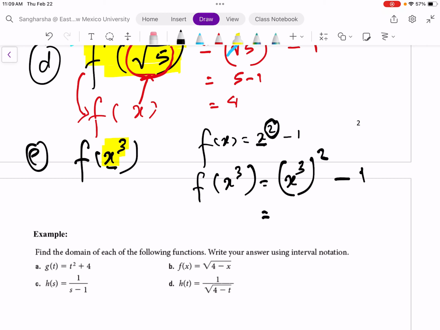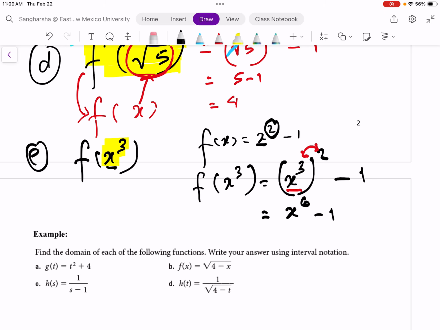Now here we have x cubed to the power 2. Both of these are exponents, so we multiply these two. So we have x to the power 3 times 2 is 6, minus 1. So x to the power 6 minus 1 is the output when your input is x cubed. Good with this one?